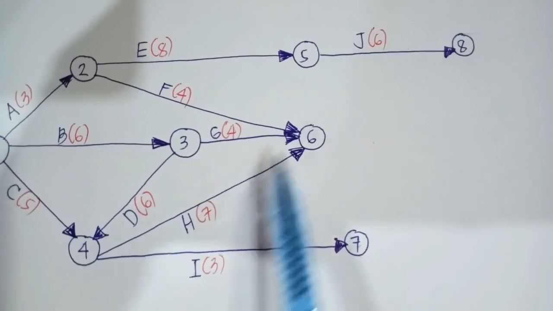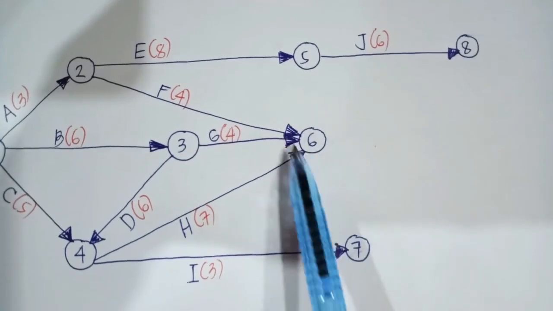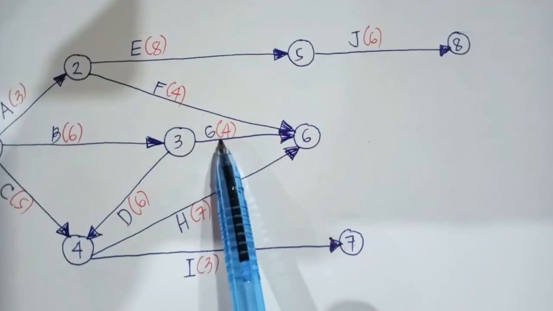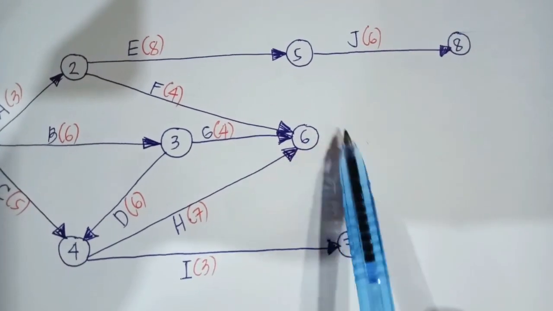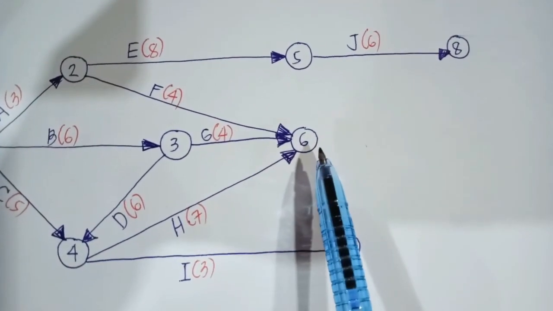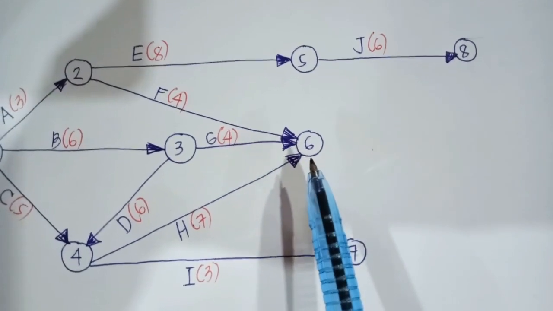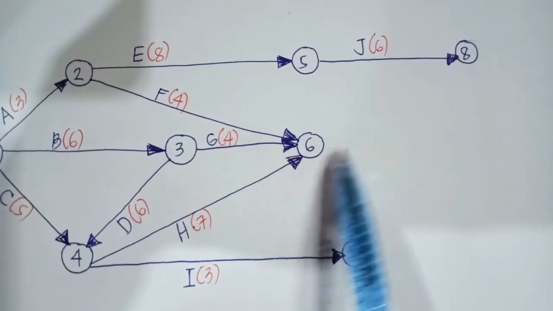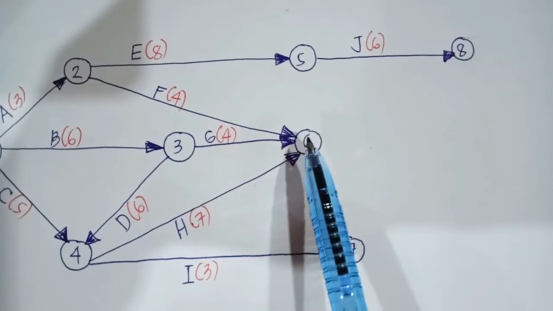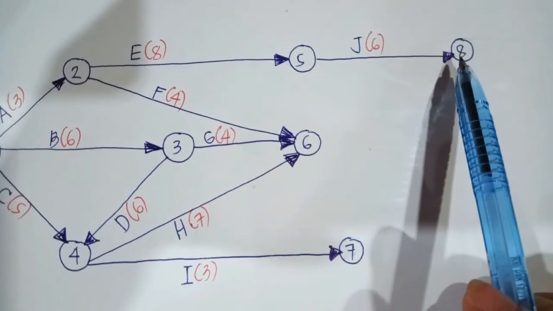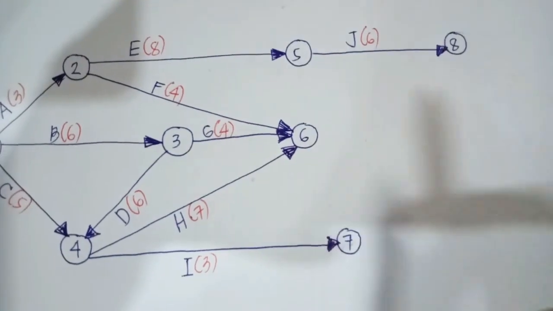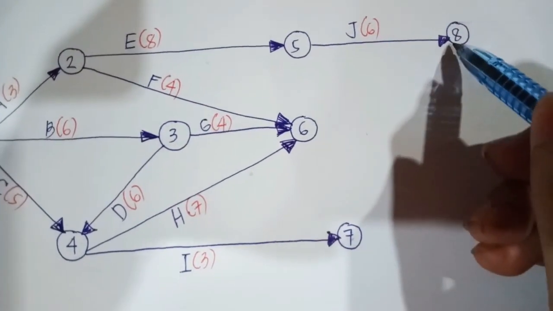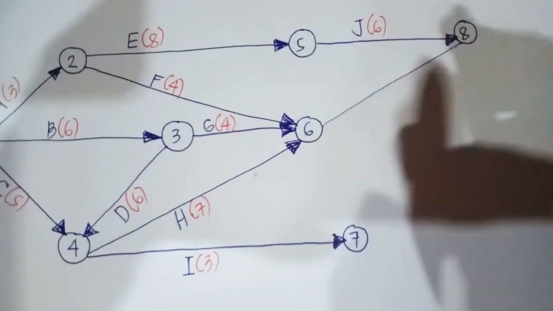Now, as you can notice, since node 6 is the ending point of activities F, G, and H, this is where we will start our activity K. And like I said earlier, activity K is not an independent activity because it ends together with another activity, which is activity J. And so for that matter, this is where our activity K is located.